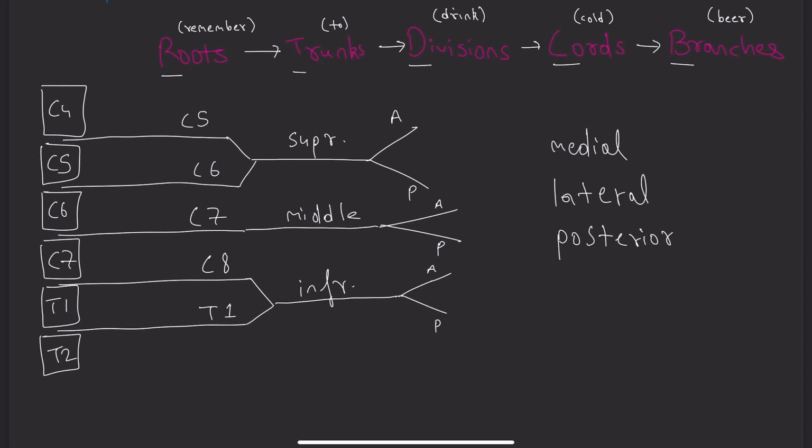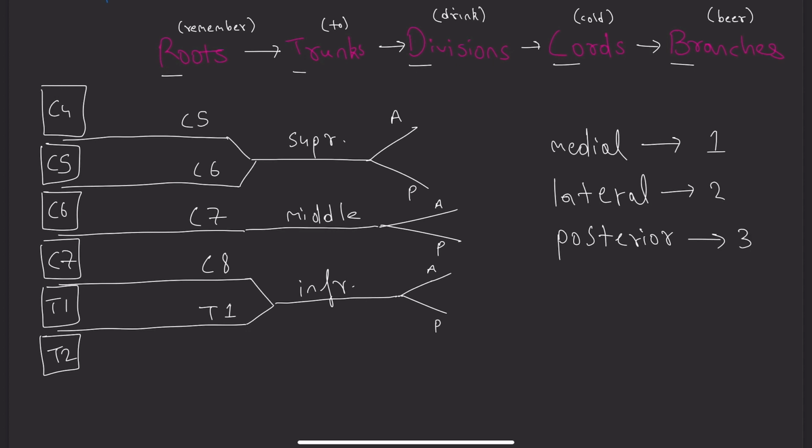So we have written them in the order of how many letters each word has. So since medial has the least number of letters, medial cord will arise from one division. The lateral cord will arise from 2 divisions and the posterior cord will arise from 3 divisions.